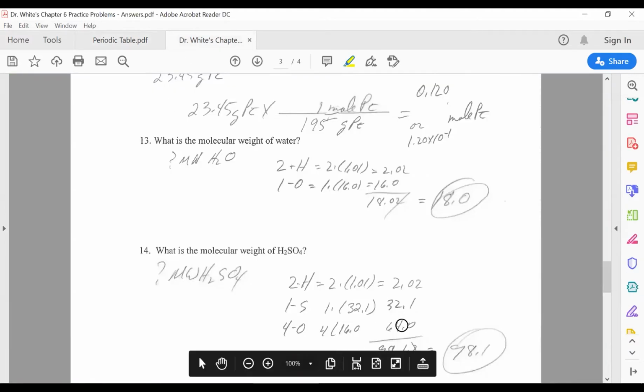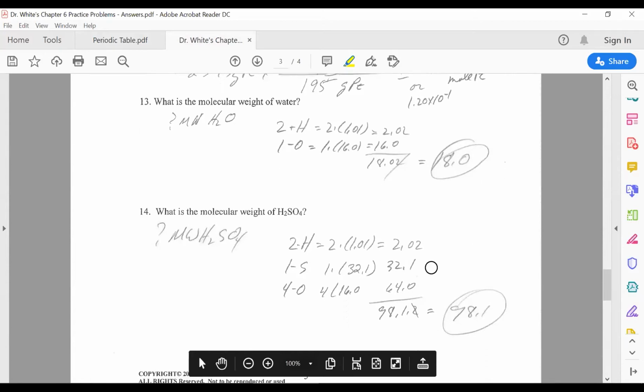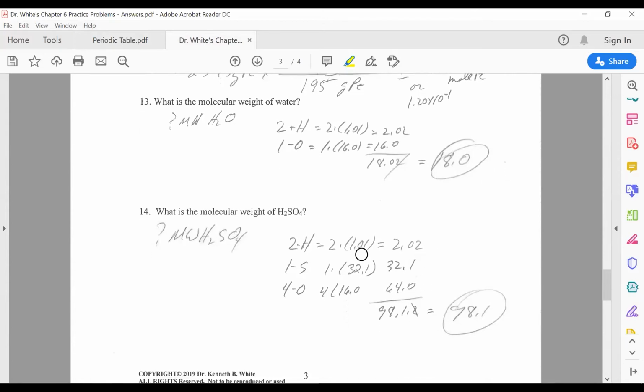All right, which I have here. And now, if we look at it, you add them up. First of all, you multiply them. There's atomic weight, 3 significant figures. Hydrogen, sulfur, oxygen. I'm missing a bracket there. You don't have to have it there.